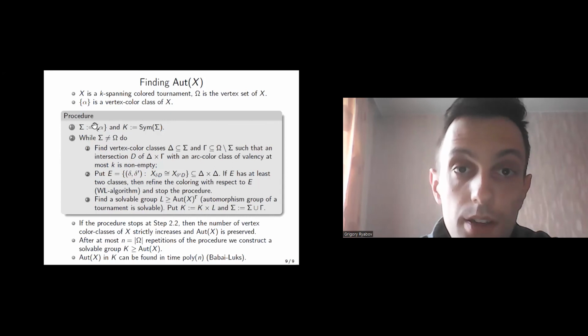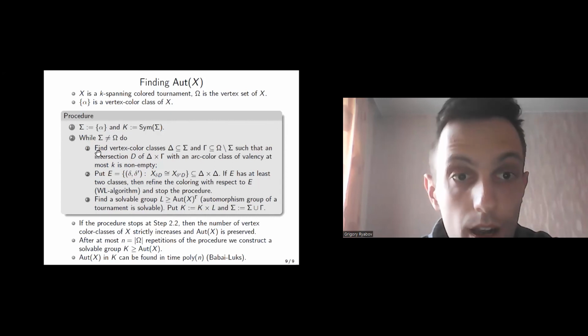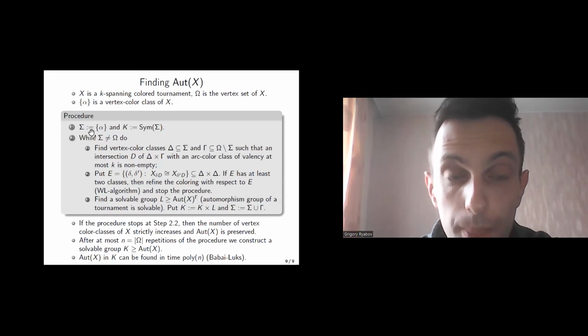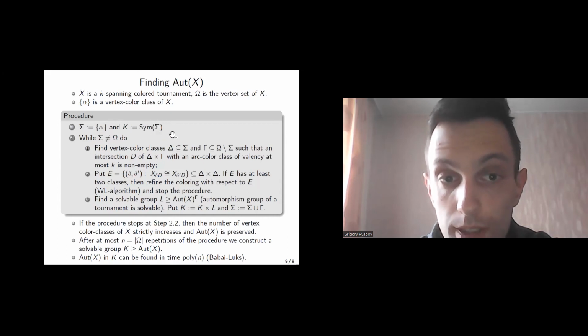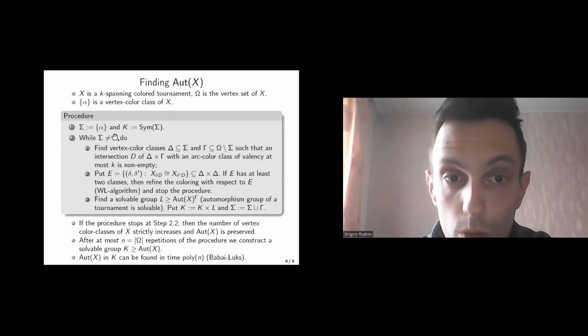So let us describe the following procedure. We put sigma to be a set consisting of alpha, and K is the symmetric group of the set sigma. And while sigma is not equal to the whole vertex set omega, we do the following.